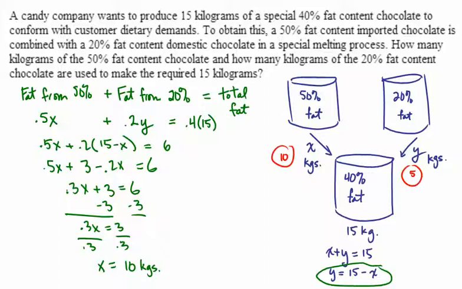And if we wanted to double check that, we would go back to our equation: half of the 50% fat content chocolate, which is 10 kilograms, plus 20% of the 20% fat content chocolate, which is, again, we're talking about total fat content here.